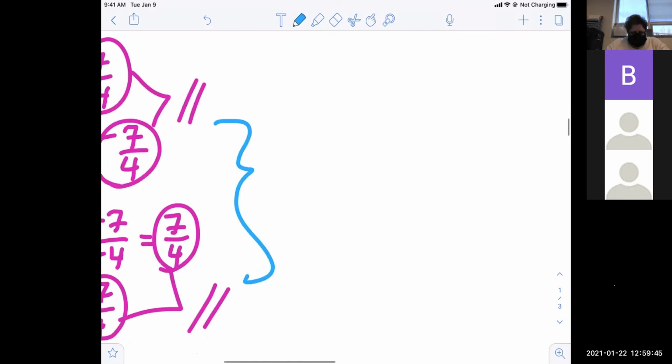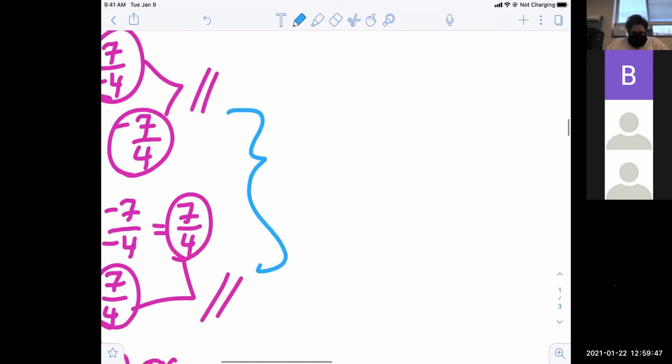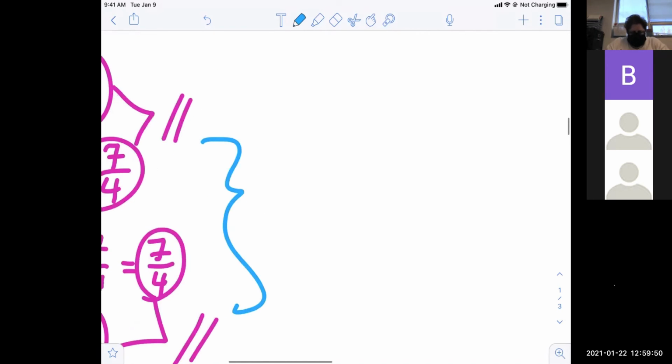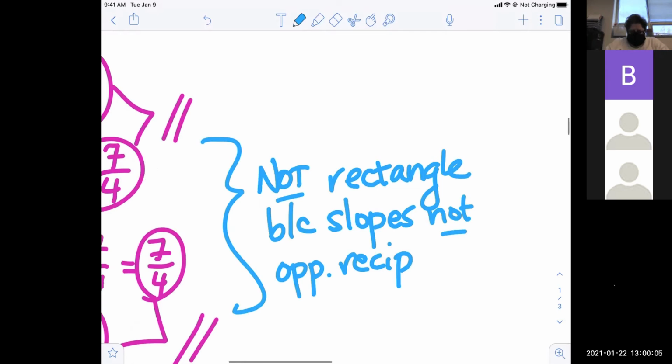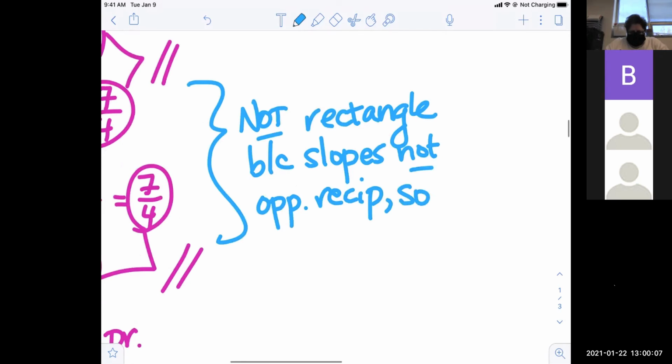So this one is not a rectangle, because the slopes are not opposite reciprocals. So not perpendicular.